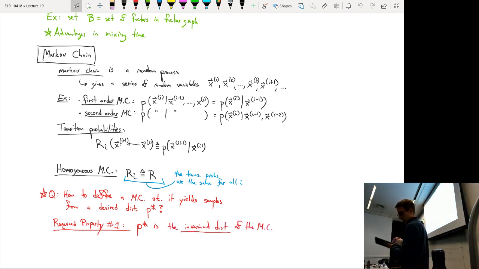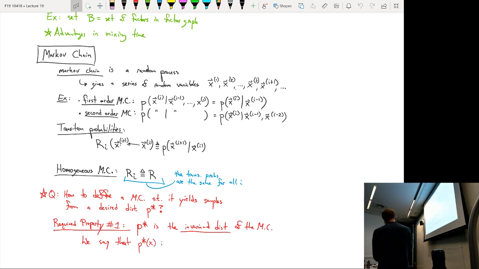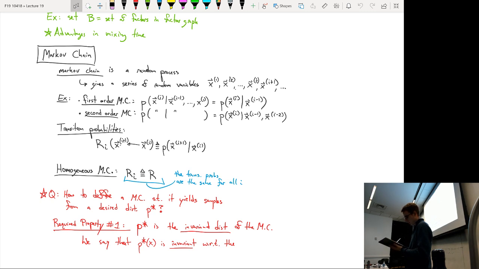So the question is just, what is an invariant distribution? We can basically say that P star of x is invariant with respect to the Markov chain, or really not just any Markov chain, but say the transition matrix that we're going to just call R here.